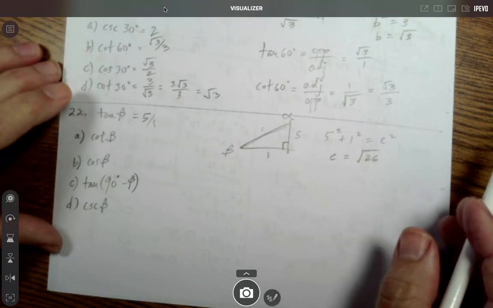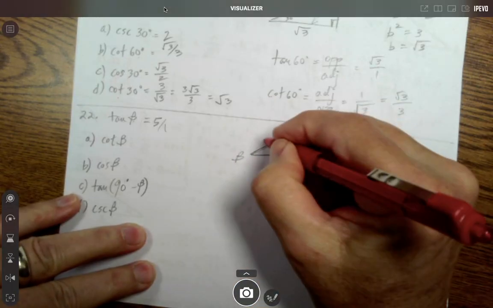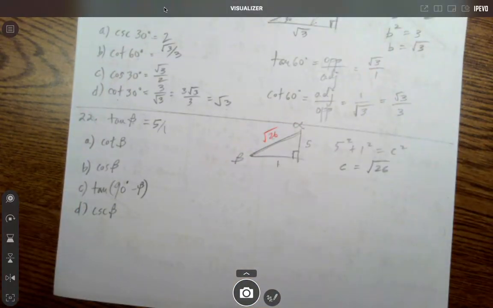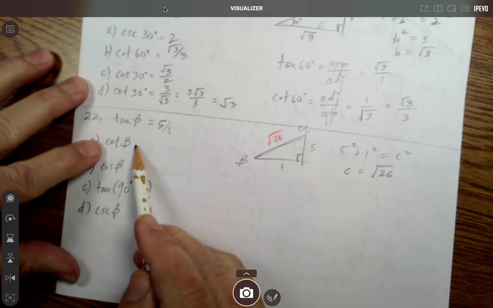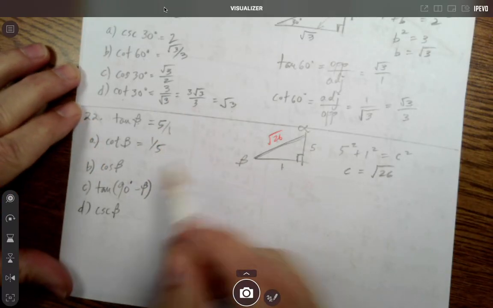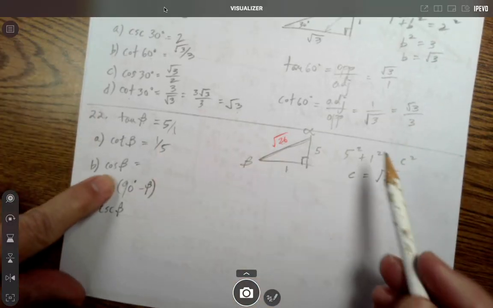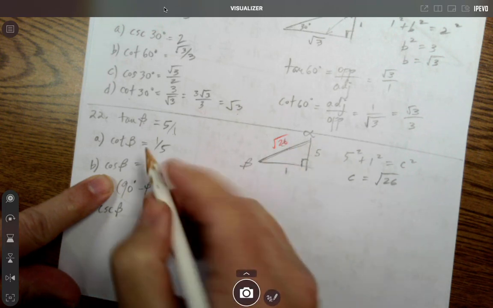Okay, so let's go ahead and see if we can now find all these. So tangent is 5 over 1, therefore cotangent is the reciprocal, so that's 1/5. Cosine of beta would be 1 over the square root of 26.